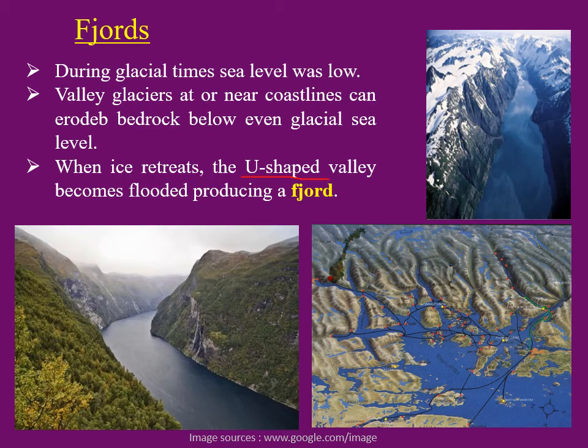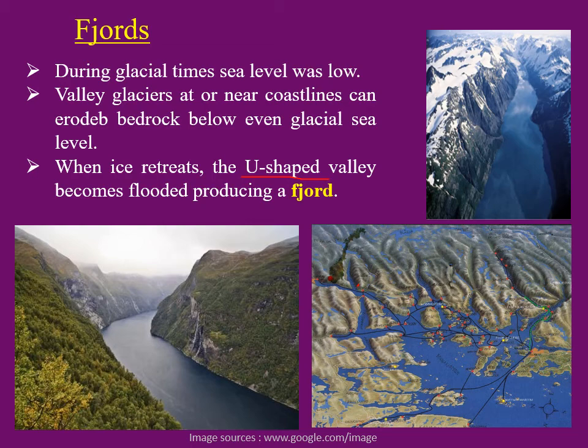As it is originally a glacial valley, now it is drowned. Now it is submerged either by oceanic water or by river water. You can see in this picture a coastal area where previously there was a lot of glacial activity. The coastal areas were covered with glacial ice mass, so there are lots of U-shaped valleys you can see. But due to the temperature increase, this area now becomes free of ice.